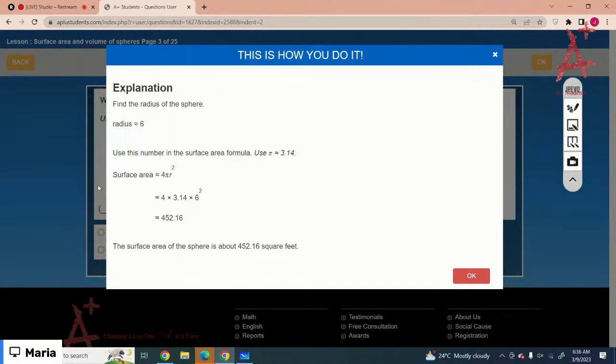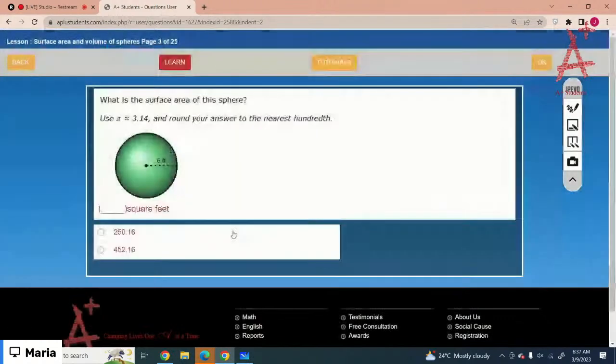It would be 452.16. I thought it was volume, but here for the question, you have to calculate the surface area. So just select the correct option, 452.16, and click on the OK button.